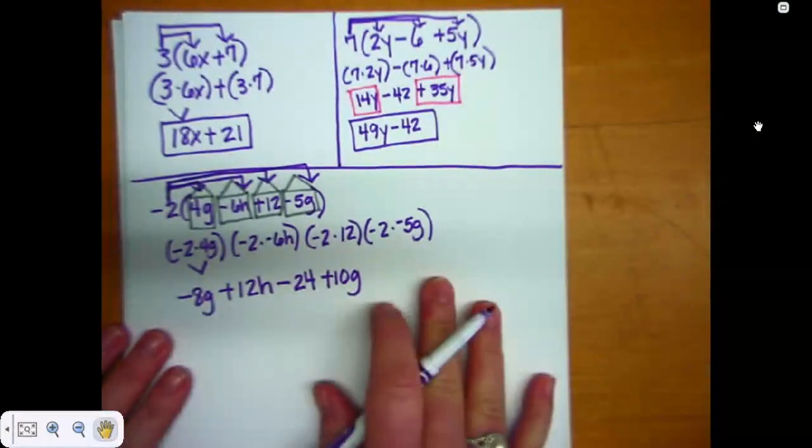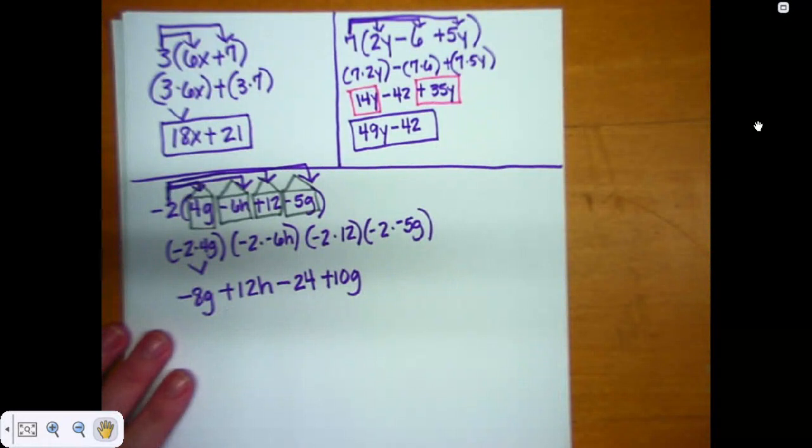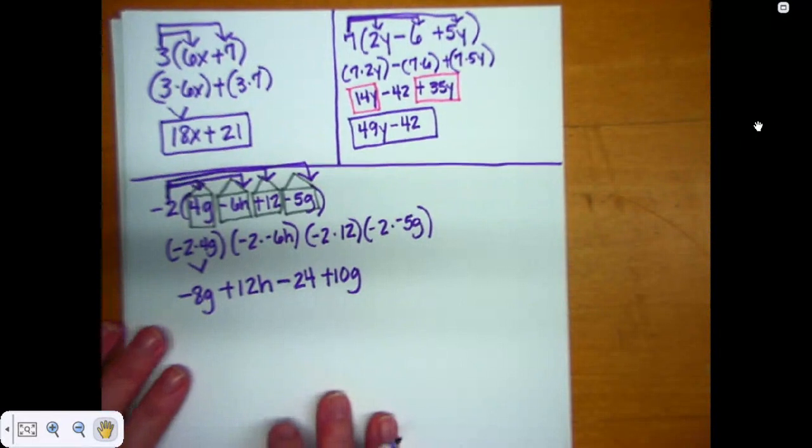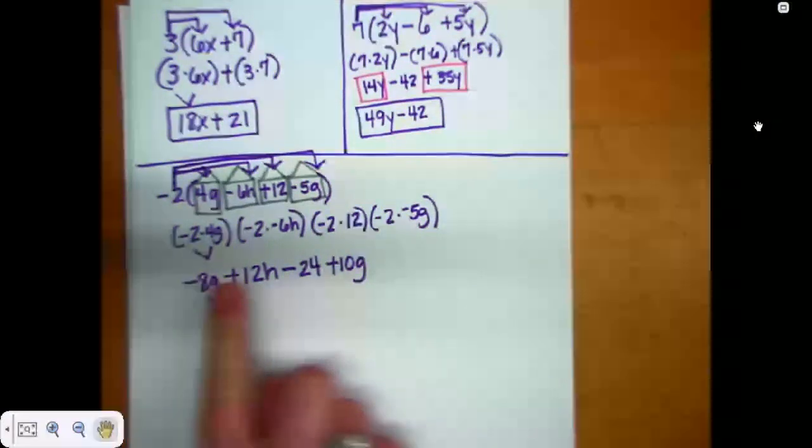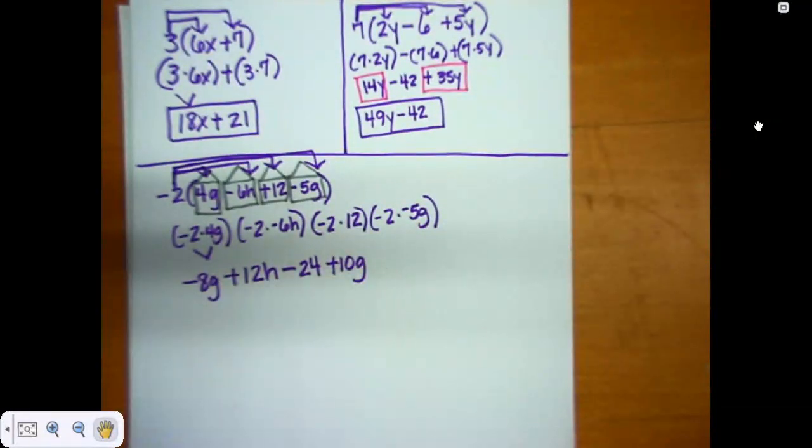So we're left here with negative 8g plus 12h minus 24 plus 10g. So now we need to see, do we have like terms? And I see that I have two terms with the variable g.